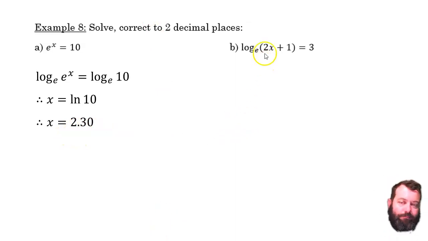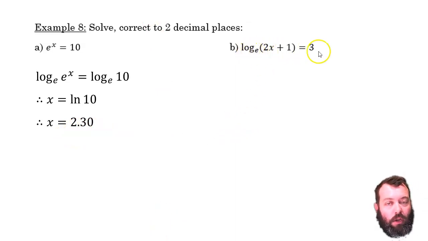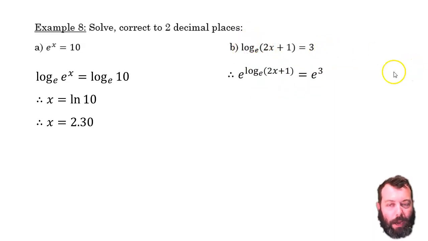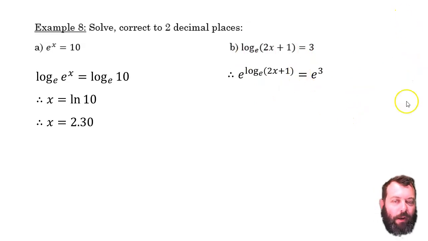Now over here, I've got a log equation, and I need to solve that. So I'm going to make each side the exponent, the power. So I'm going to have e to the power of the left-hand side and e to the power of the right-hand side. And what happens there is the e and the logs cancel out. So I get 2x plus 1 equals e cubed.